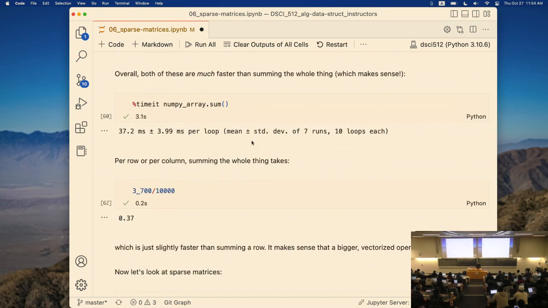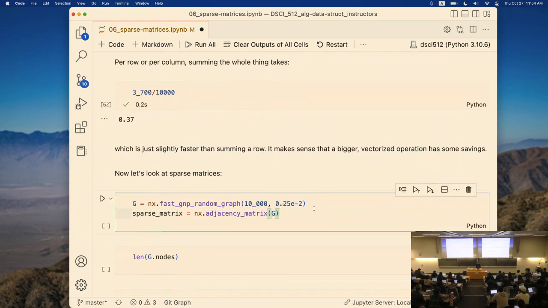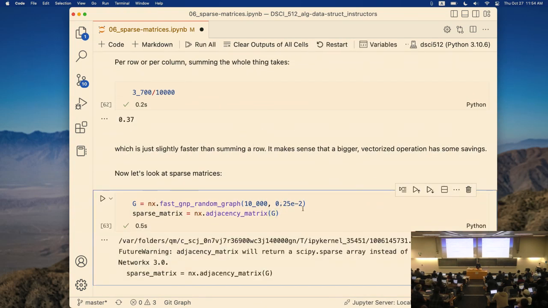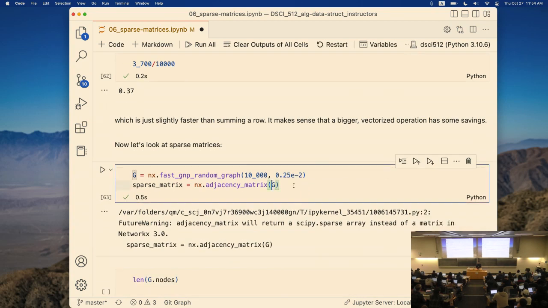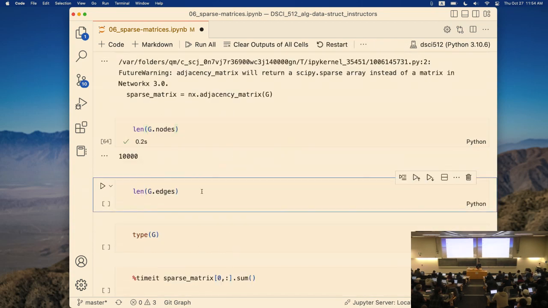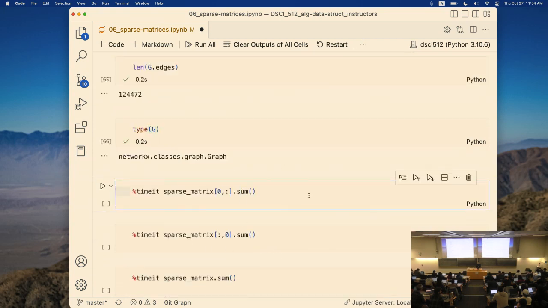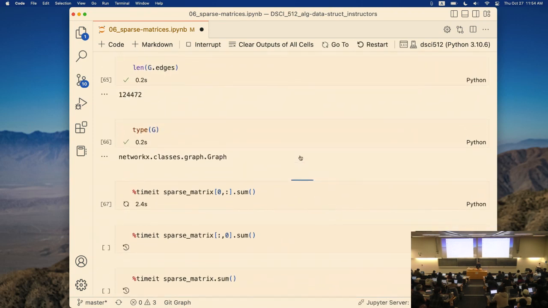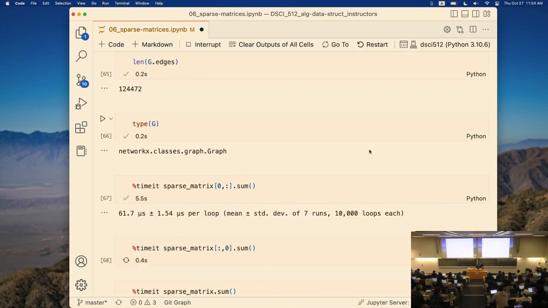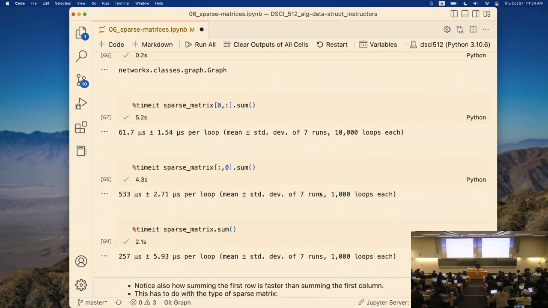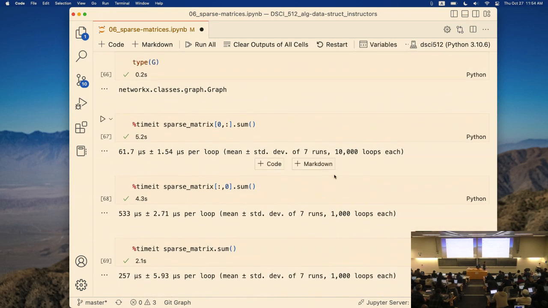Okay. Now let's look at the same thing with sparse matrices. Here I'm generating this sparse matrix with 10,000 nodes and 10,000 edges. That's a graph. Now let's do the timing here and see what happens. All right, so again, you can see that summing along the rows takes much less time than summing along the columns.